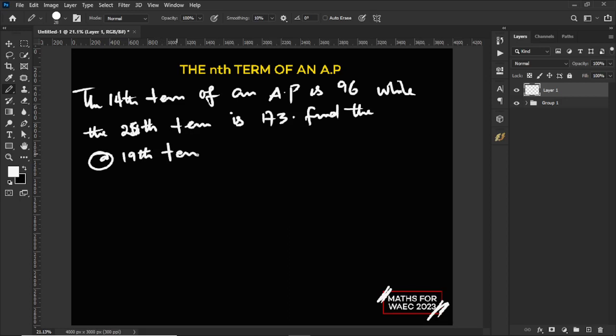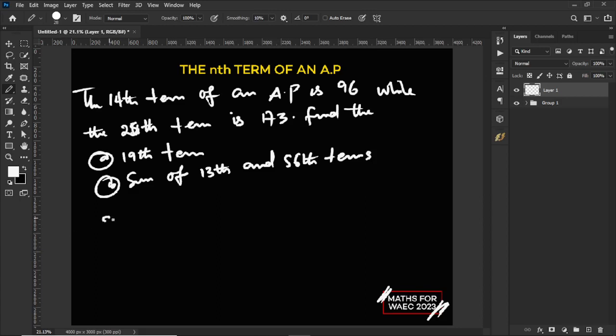Find the 19th term. B, the sum of the 13th and 56th terms.